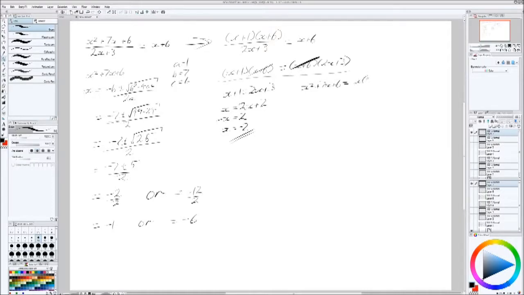So we have x bracket 2x plus 3 bracket plus 6 bracket 2x plus 3 bracket, and that ends up being 2x squared plus 3x plus 12x plus 18, which ends up equaling 2x squared plus 15x plus 18.